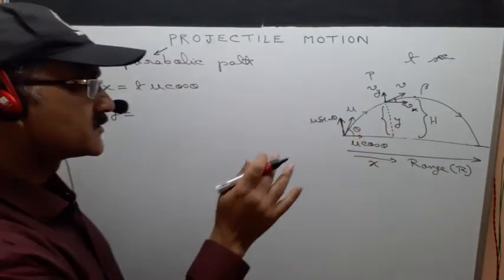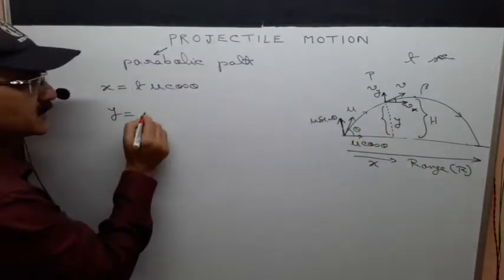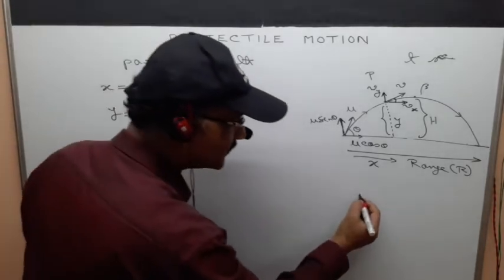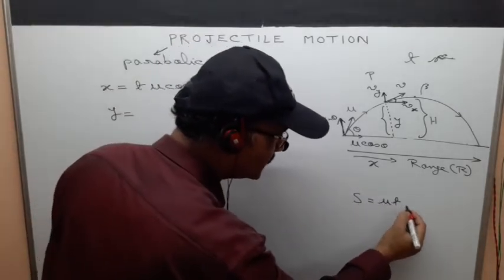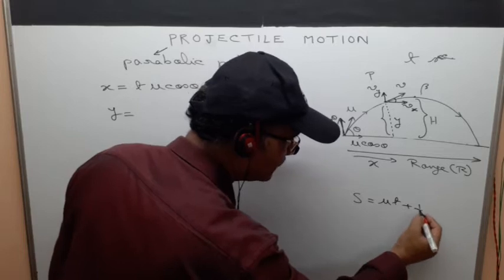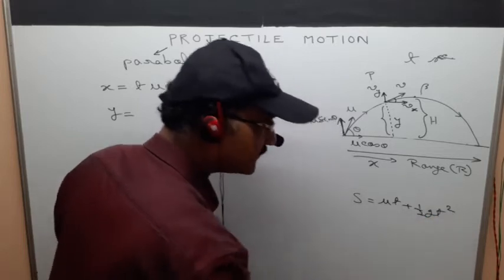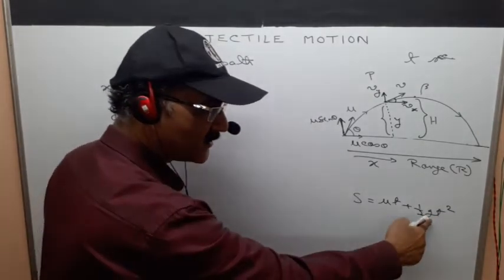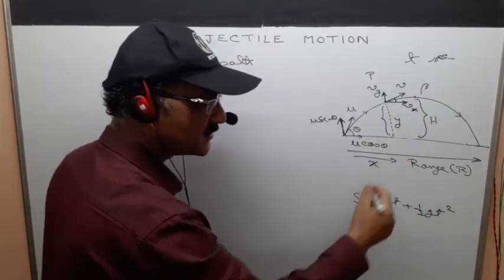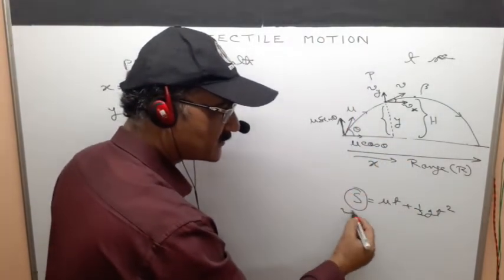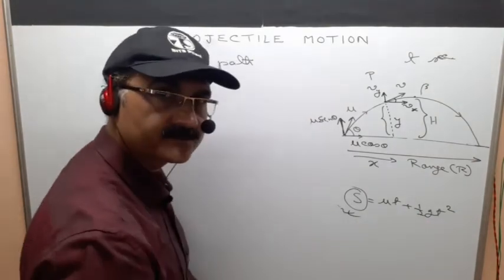So we use this equation, s is equal to ut plus half g t square, because there is acceleration in the vertical direction. To find the distance, we have to use this equation.